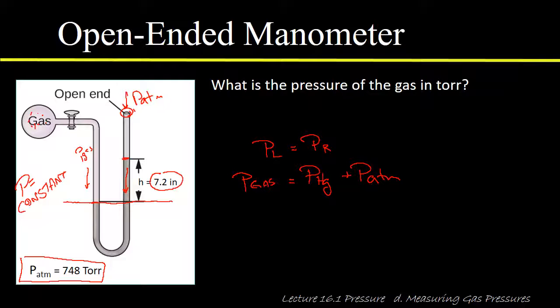Okay, let's go ahead and do that up here. Save a little space here. We've got 7.2 inches, and we recall, I hope, that 1 inch is equal to 2.54 centimeters, and that 1 centimeter is 10 millimeters.